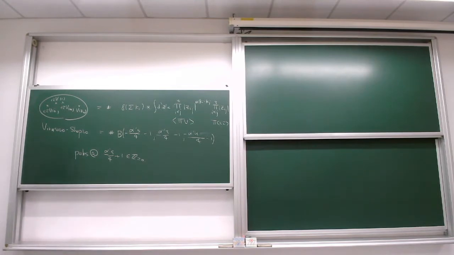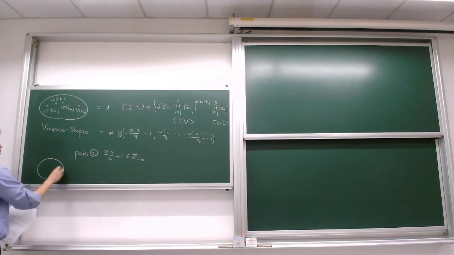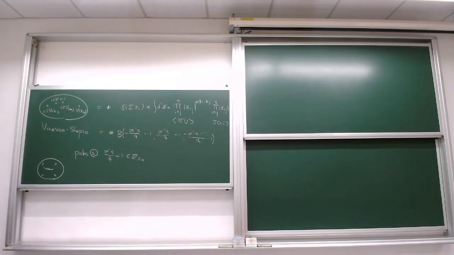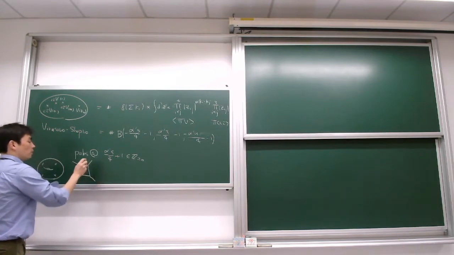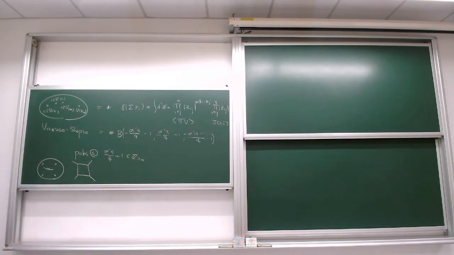Okay, so today we talk about one loop. It's more like this one, the torus amplitude. This is the one-loop graph, you understand the one-loop graph this way.